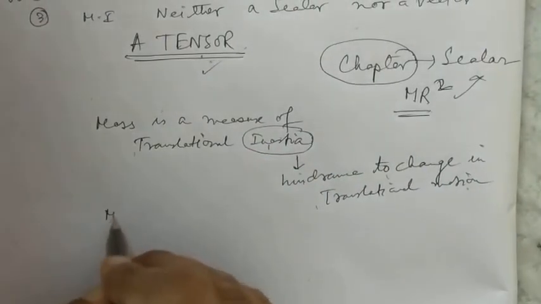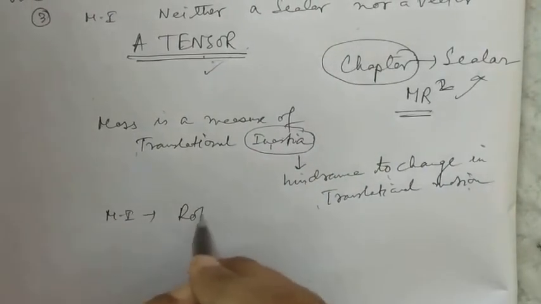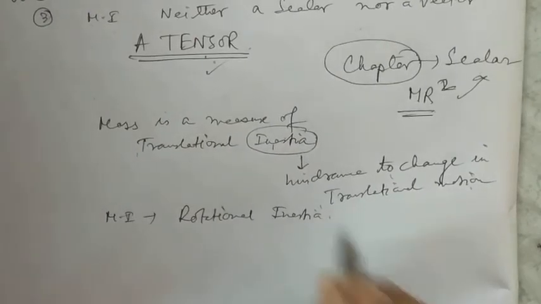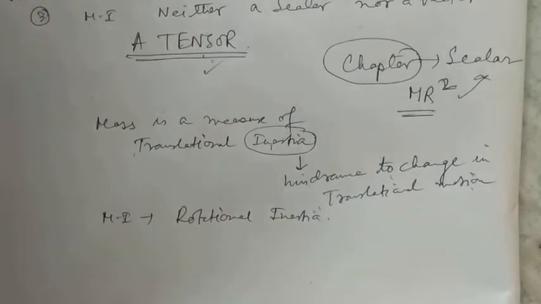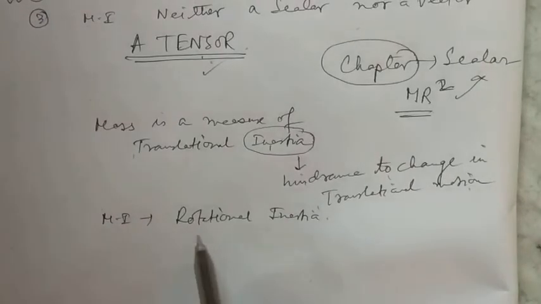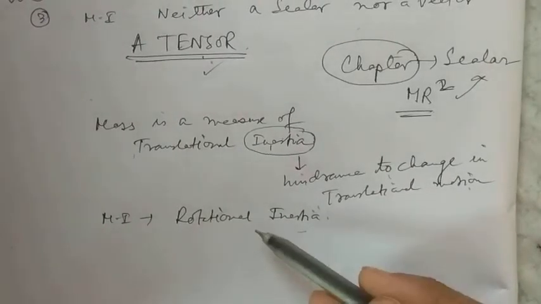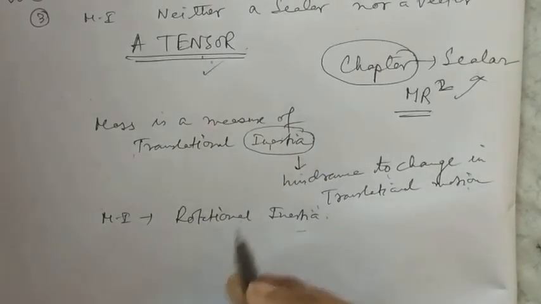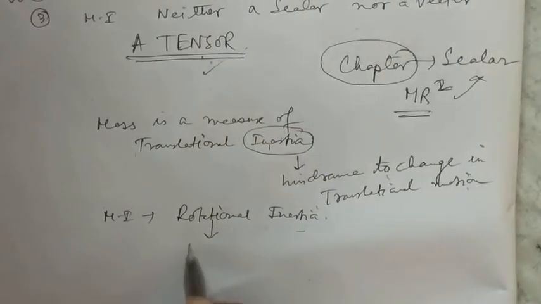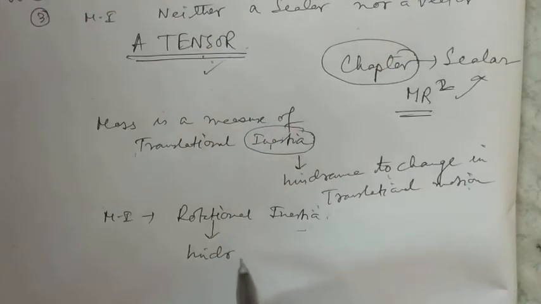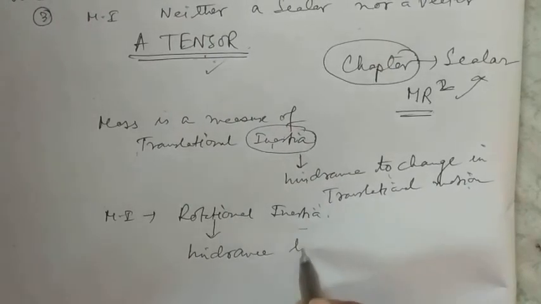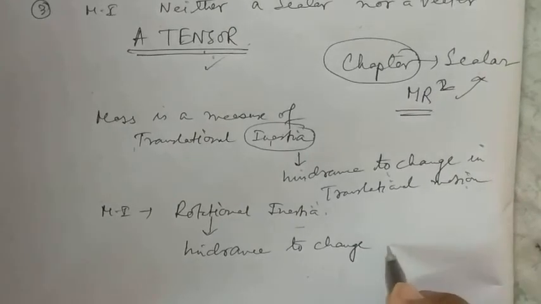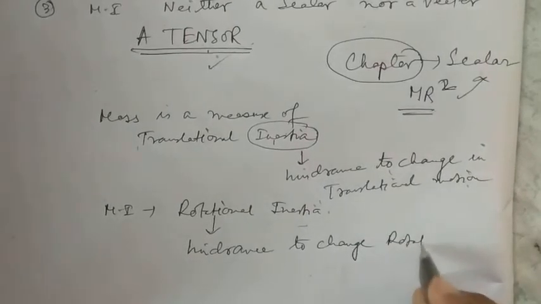So moment of inertia can be called rotational inertia or inertia of rotation. Now what does this term rotational inertia mean? A similar explanation can be given here as well. Rotational inertia is also a kind of hindrance, but to a change in rotational motion and not translational motion.